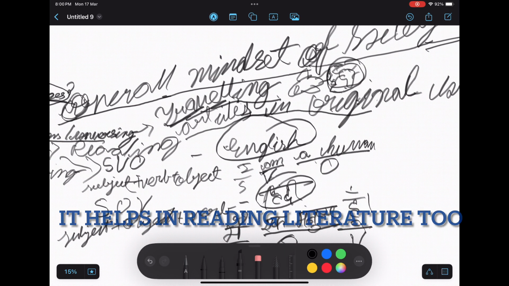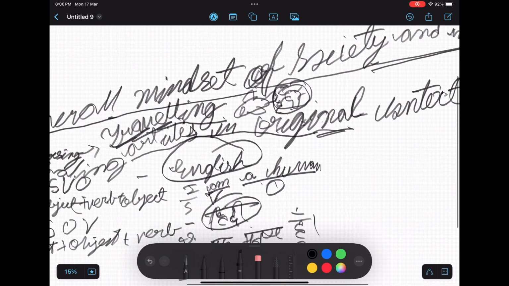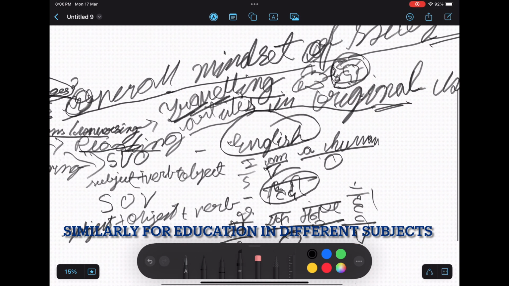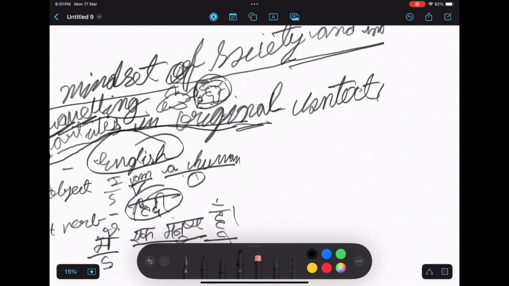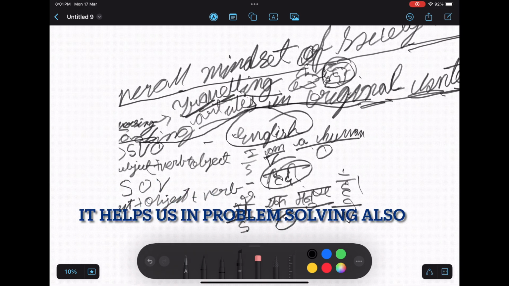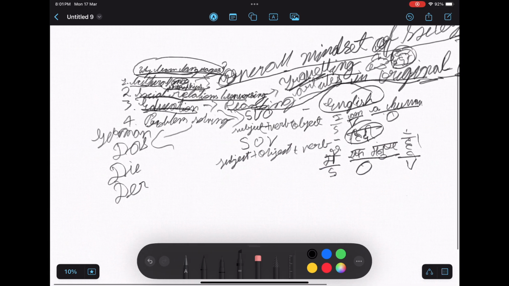It helps in reading literature too. Similarly, for education in different subjects. It helps us in problem solving also.